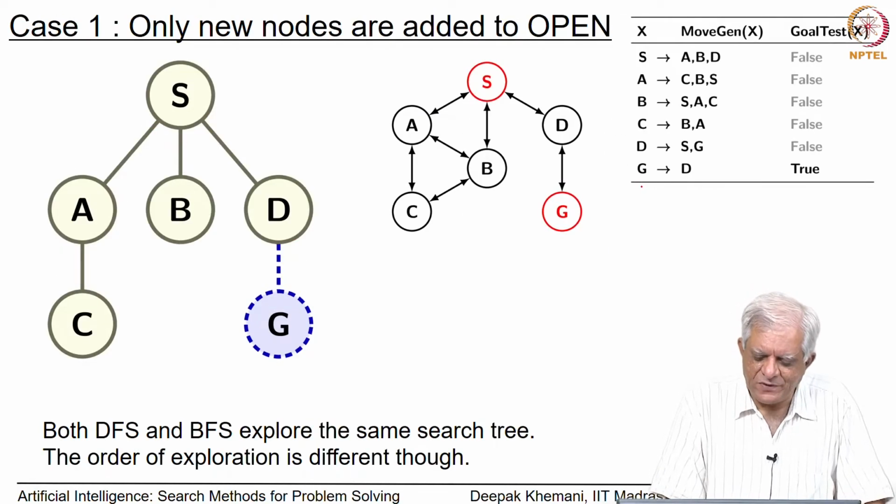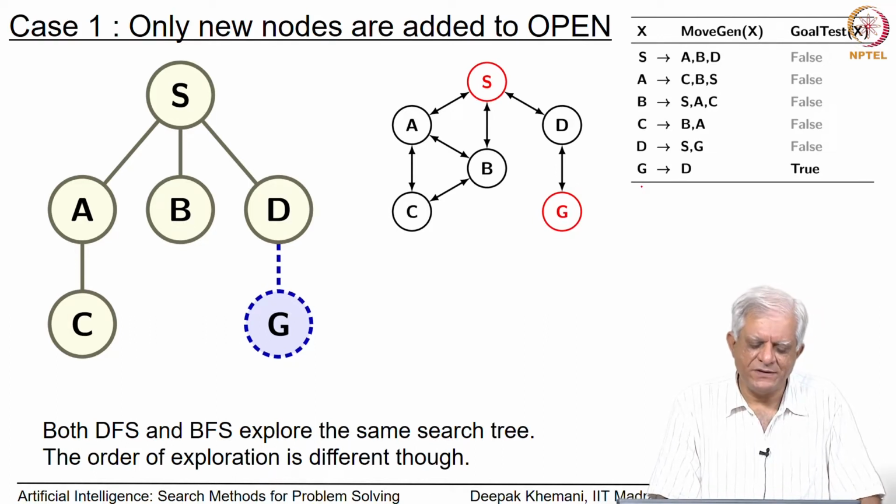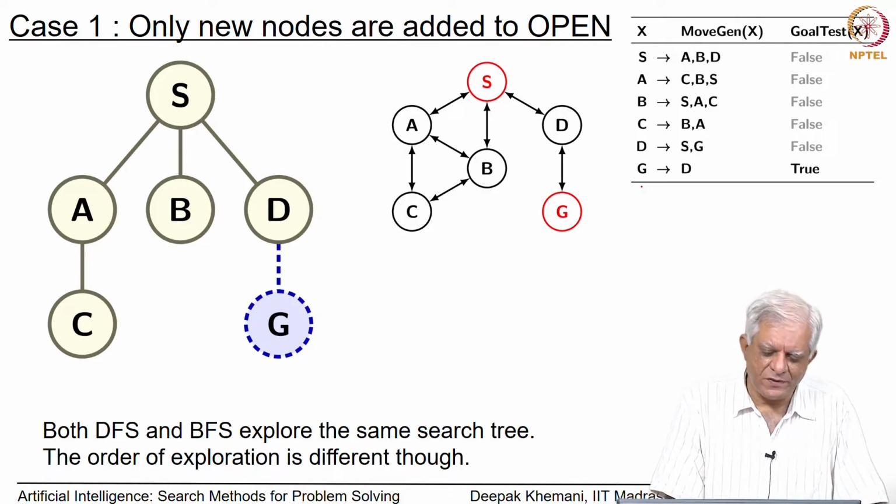So, let us look at a few cases here. We have seen that we try to remove duplicates from open, in the sense that if you have generated some node, you do not generate it again, and when you say generated, you mean it has been put on open, and also if you have seen a node before, we do not add it again to open.